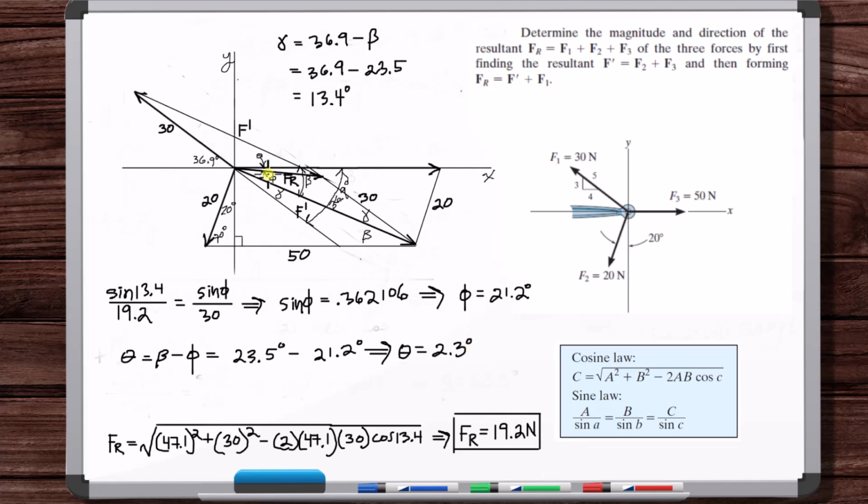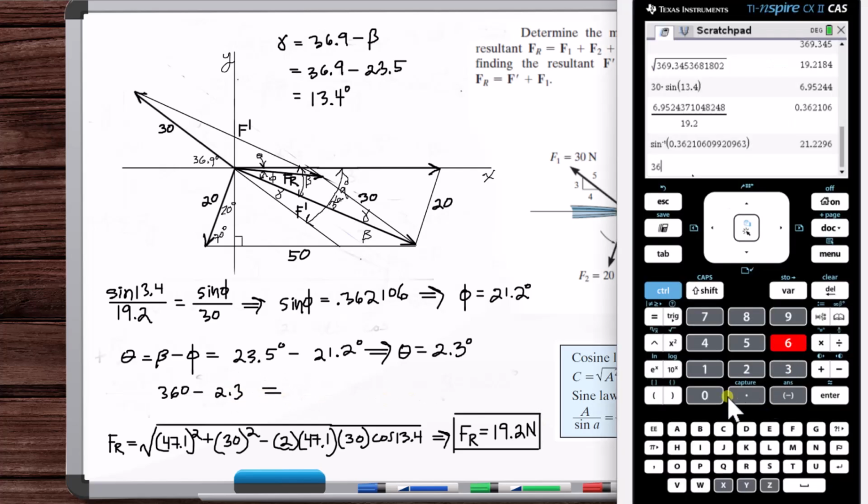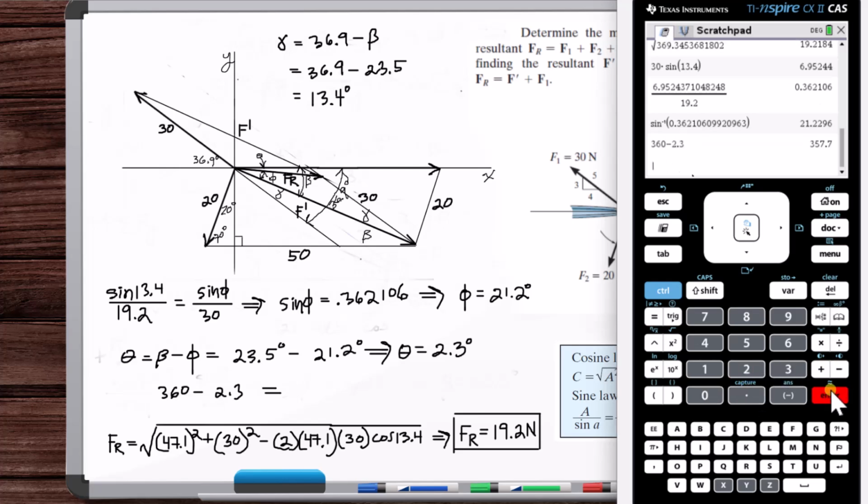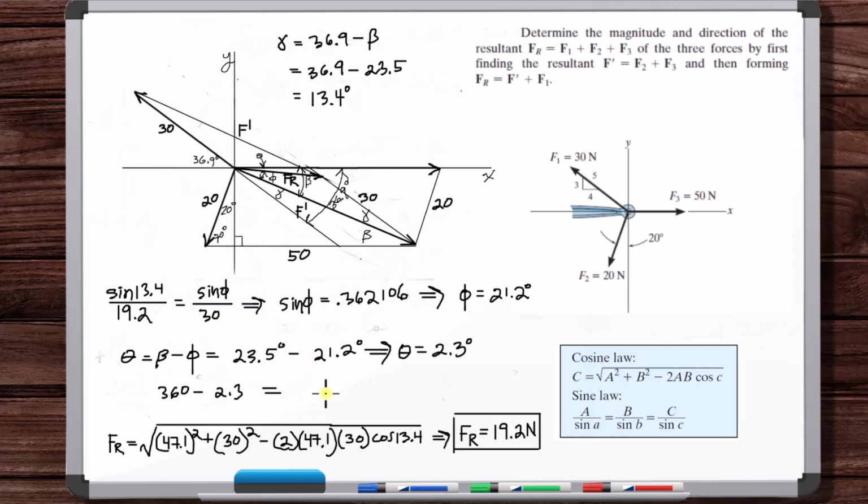And so we can say that from the positive x-axis, this FR is 360 minus 2.3, 357.7. That's the direction of FR measured from the positive x-axis.